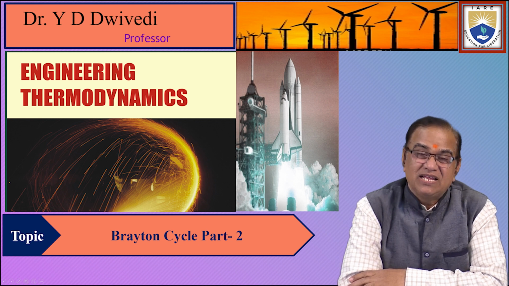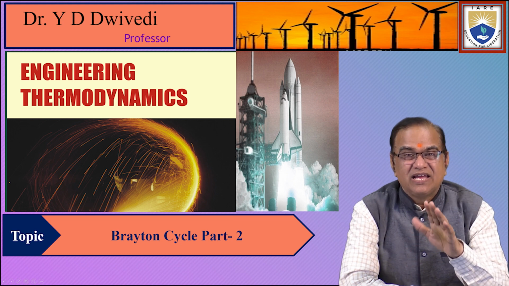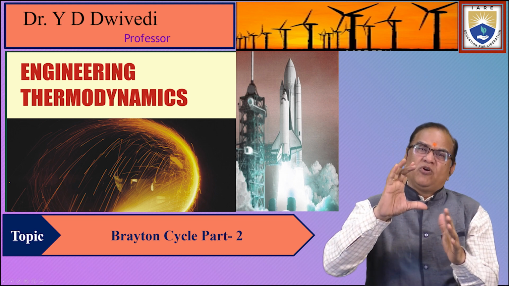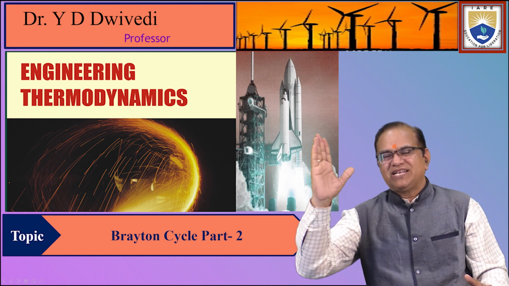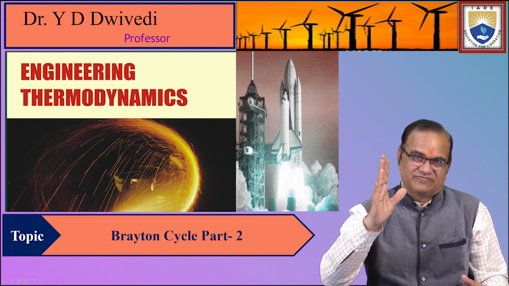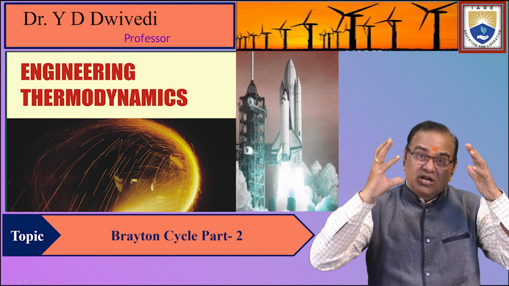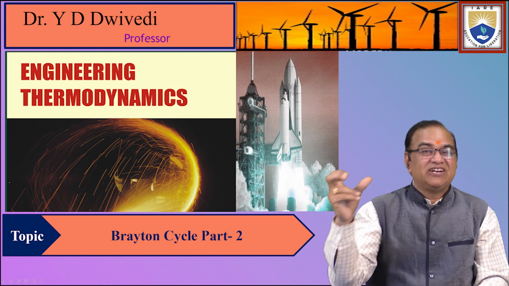Also in the dual cycle, we have mixed both the Otto cycle and the diesel cycle. Some part of the fuel burning takes place at constant volume, and another part takes place at constant pressure. So the dual cycle is nearly a real process except for the heat rejection.